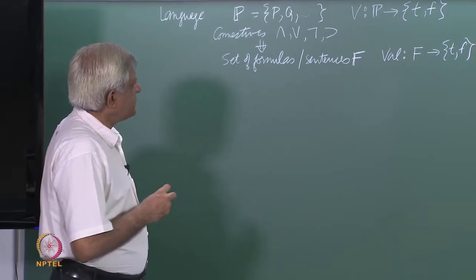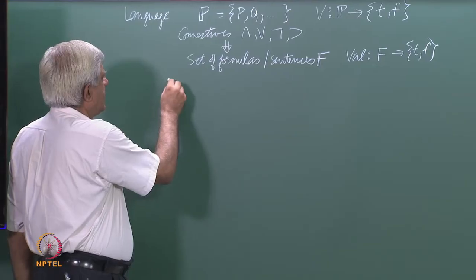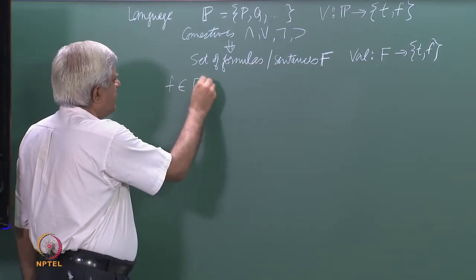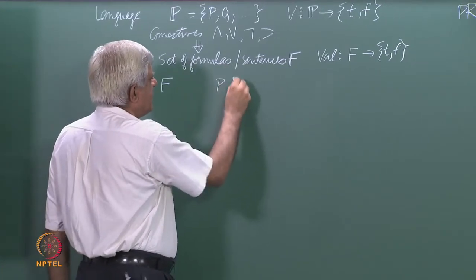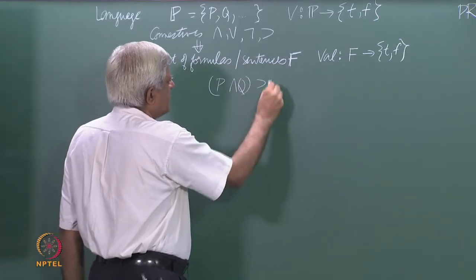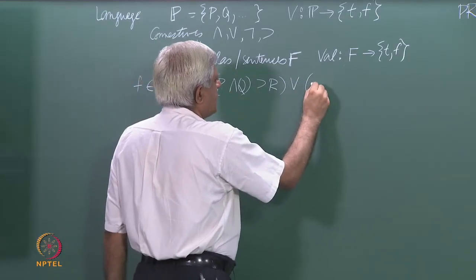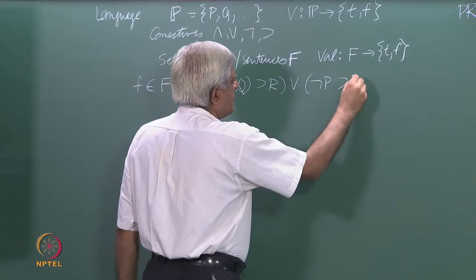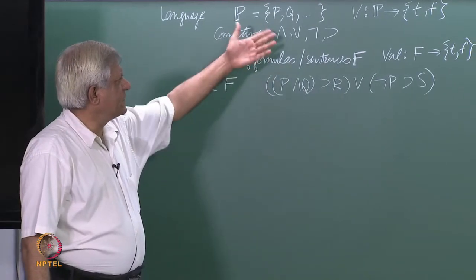Now, given a formula F belonging to F, for example, you might say something like P and Q implies R, or not P implies S, any arbitrary formula which can be constructed using these logical connectives.